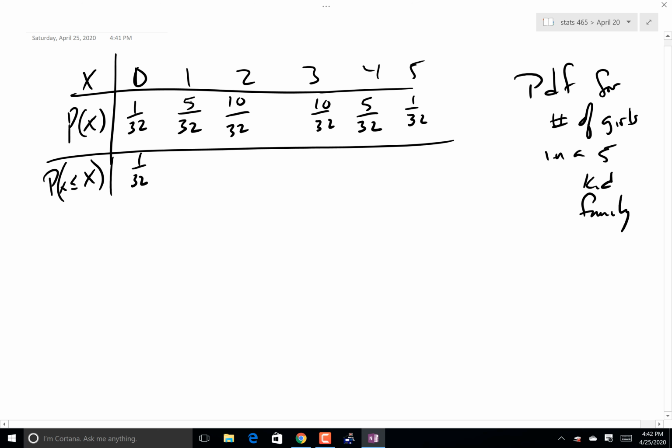The probability that x is less than or equal to 1, that is to the left of it, you see, is 6 out of 32. And then it's going to be 16 out of 32, and then 26 out of 32, and then 31 out of 32, and then, of course, 100%, 32 out of 32. That is how a CDF works for a discrete distribution.